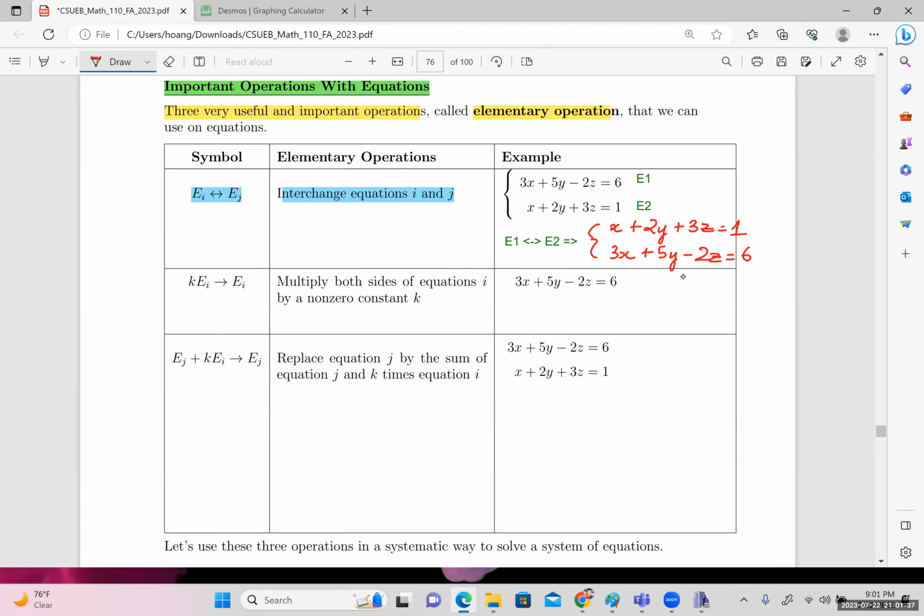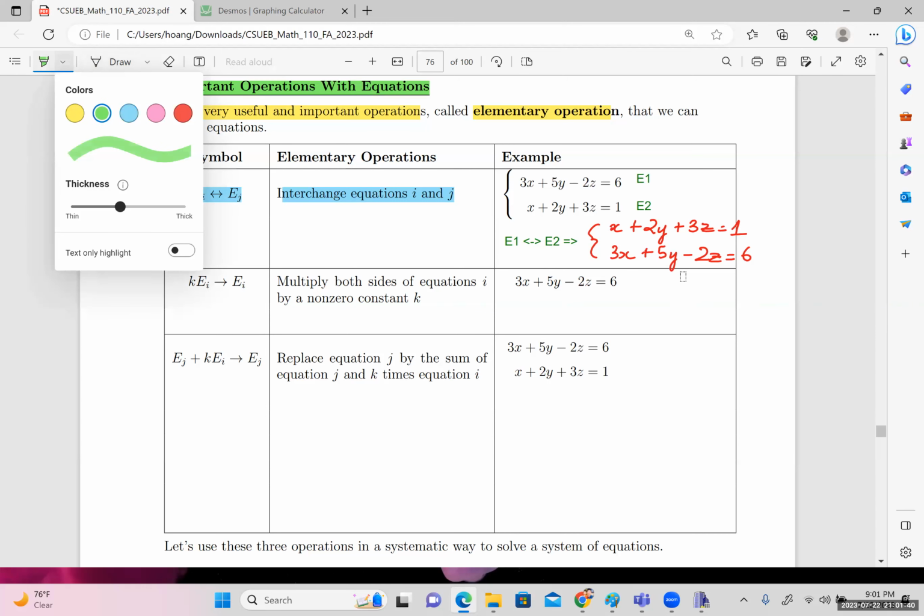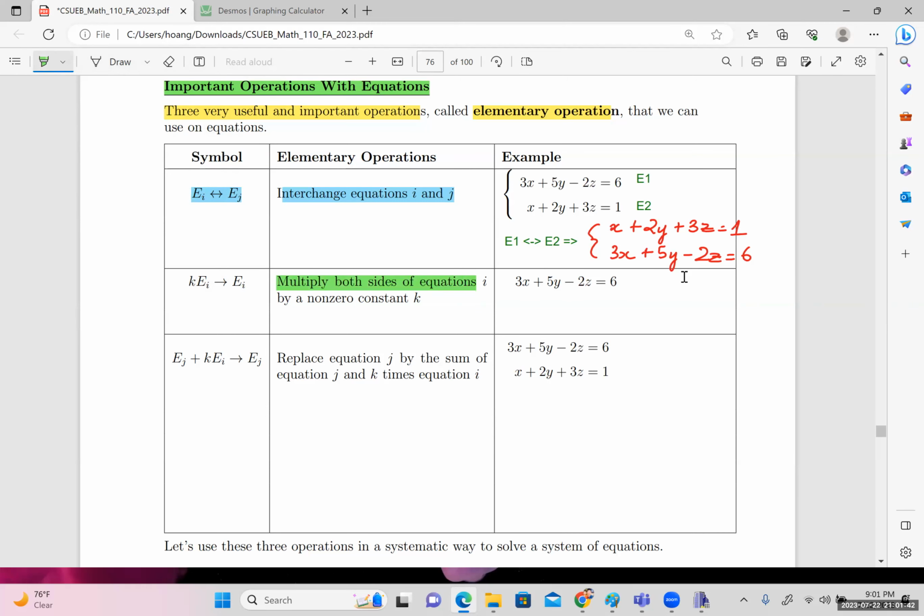Another operation that will not change the solution is to multiply both sides of equation I by a non-zero constant k. If I multiply k with any equation and make a new equation, I will still have the same solution. So let's say if I multiply the whole equation over here by, say, the number 4.